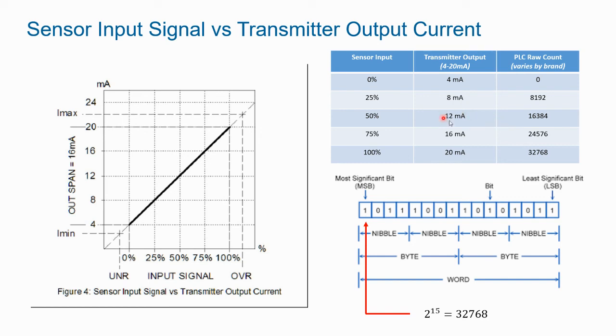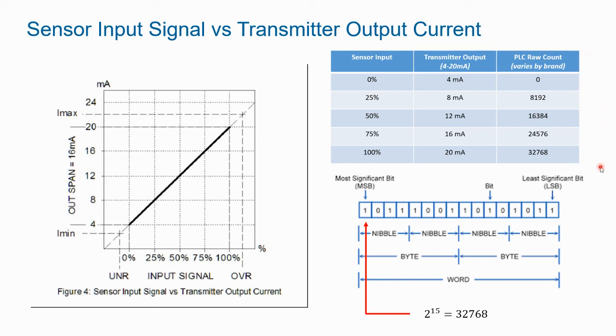When the PLC receives 12 milliamps, it's going to convert that into the number 16,384. All right, so we either have to be smart enough to say, okay, we know that transmitter is scaled 0 to 100, and when I see 16,384, that means I'm at 50%, which therefore means I'm at 50 psi. Or we do one more scaling, one more conversion.